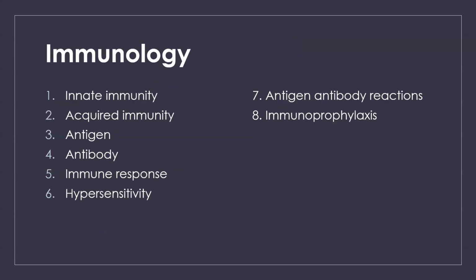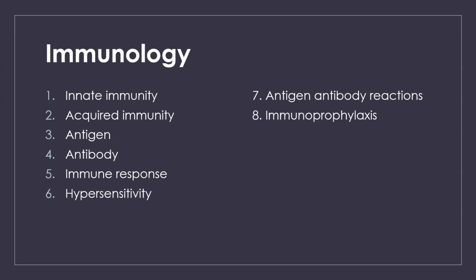Then you read immunology. In immunology, we have innate immunity. Innate immunity is a 5 marks question, and acquired immunity is one of the essay questions from the immunology chapter. And antigen: here you will have definitions, types of antigens, and factors of antigenicity.